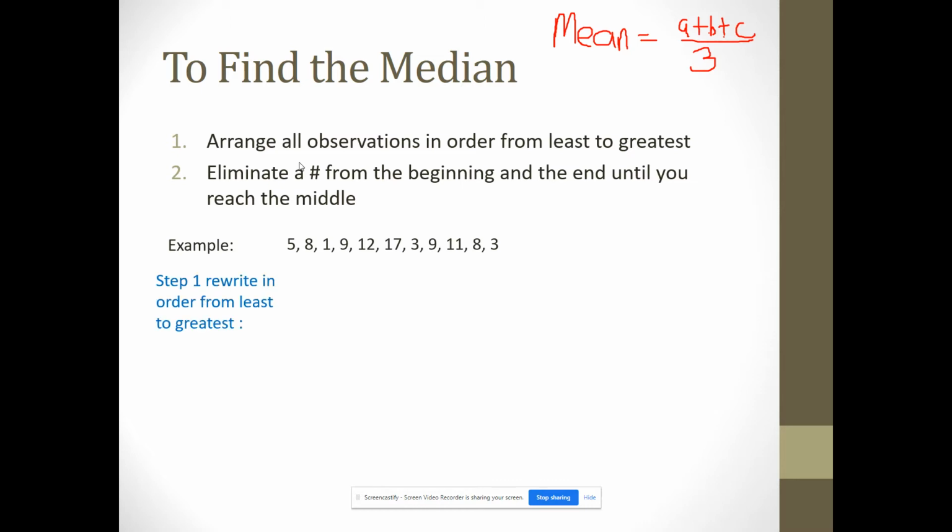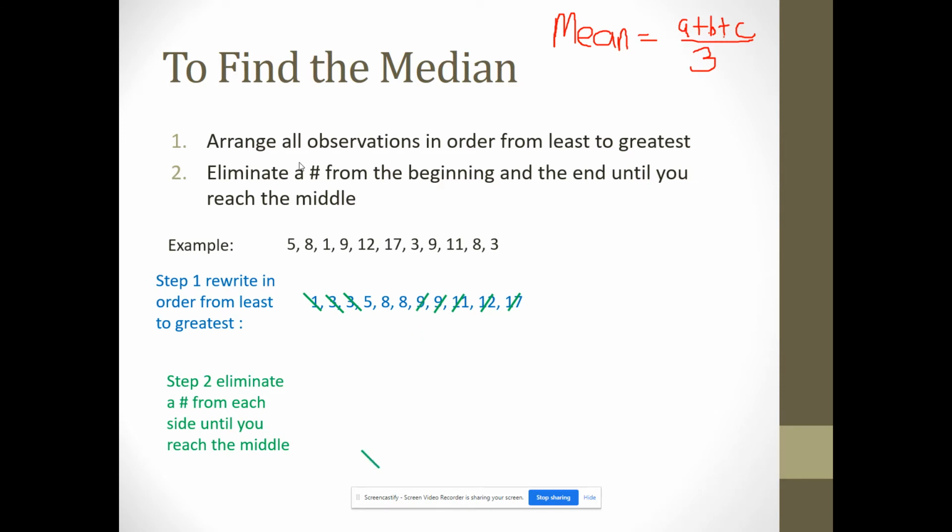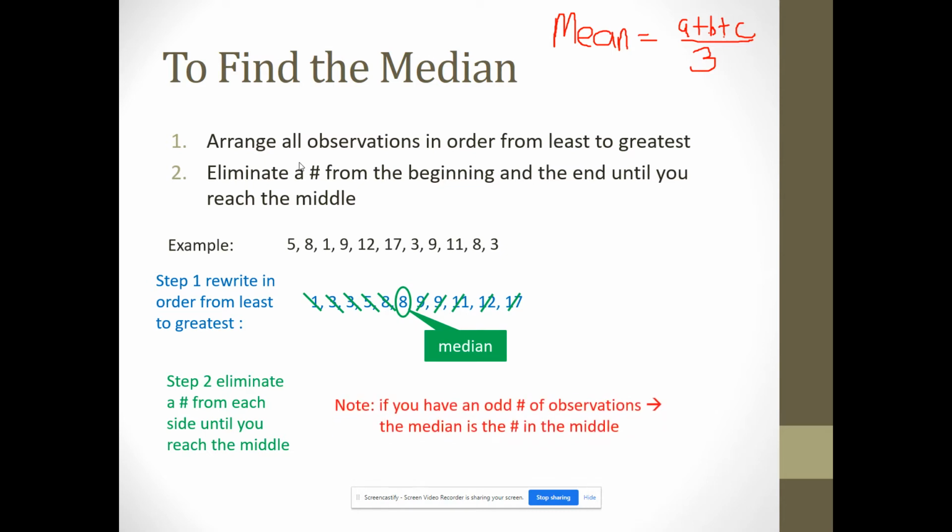So before I can do anything, I have to rewrite those numbers in order from smallest to biggest. And now I'm going to eliminate a number from each side until I get to the middle. And there we go. There is my middle. That 8 is my median.